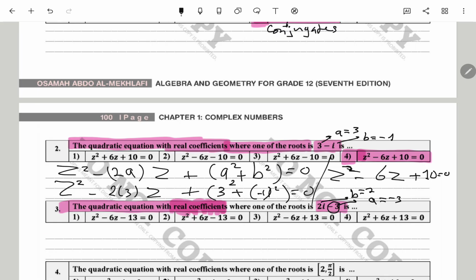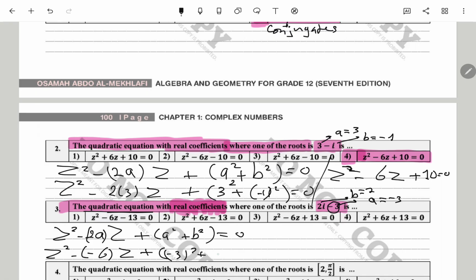Try to write the rule of the quadratic equation, which is z squared minus 2 times a z, plus a squared plus b squared, all equals 0. z squared minus 2 times negative 3, that will make it negative 6 times z, plus a is negative 3 all squared plus 2 all squared, close your bracket, equal to 0.